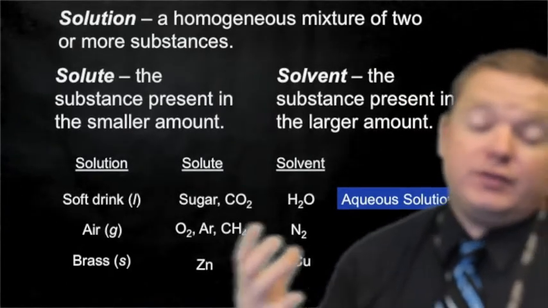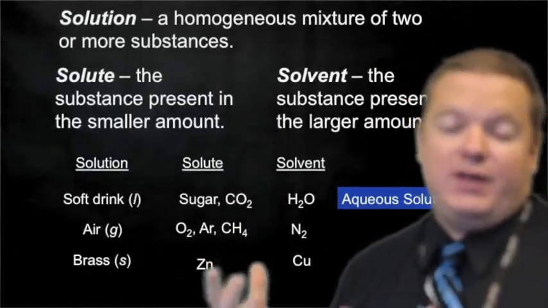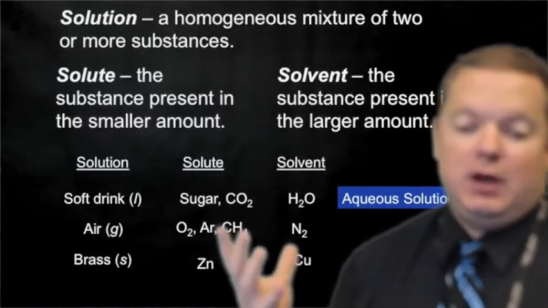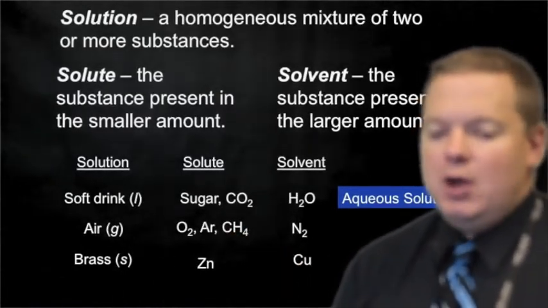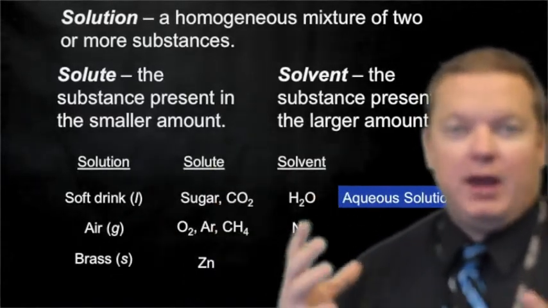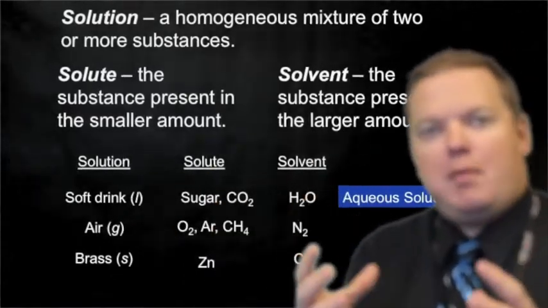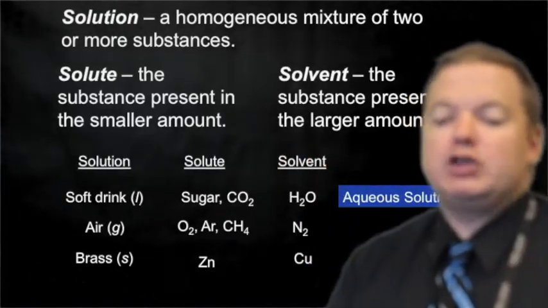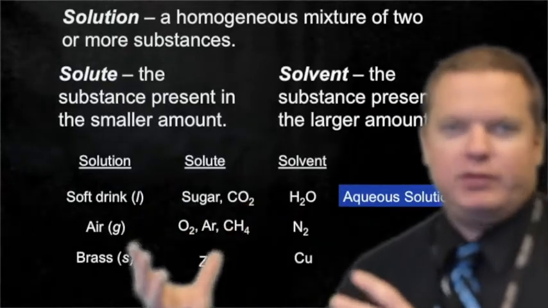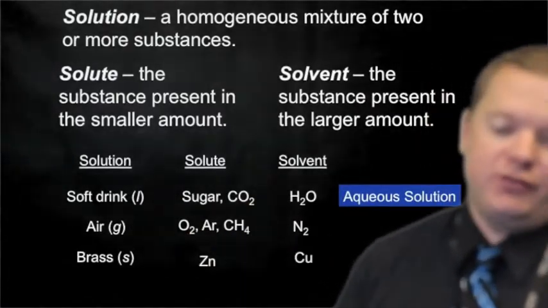We can also talk about a solution in the gas phase. Air, for example, is a good case of a gas phase solution, where the things we have in the smaller amount, oxygen, argon, methane, water vapor, are smaller amounts within this mixture that is made up primarily of nitrogen. So nitrogen, being the largest amount, is the solvent.